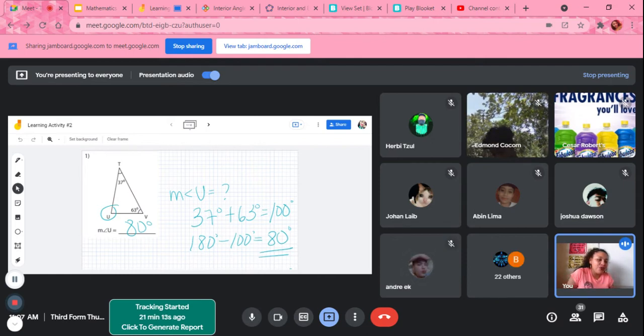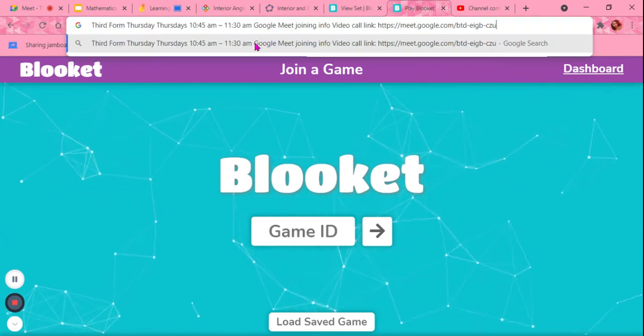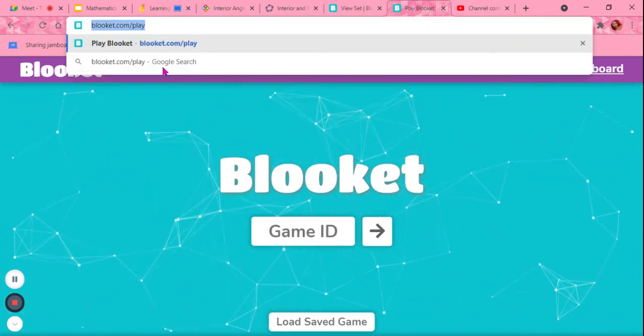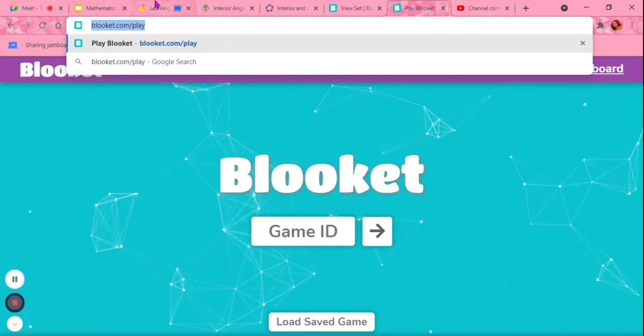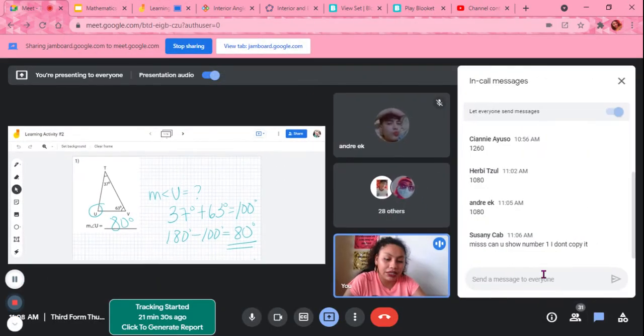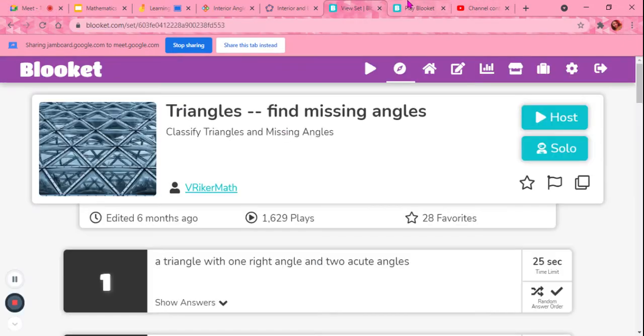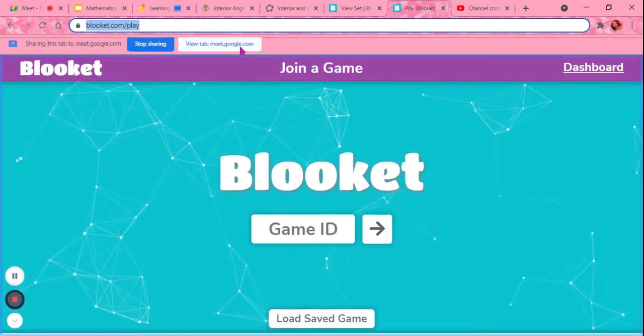Okay, so with the rest of the time, we have about 20 minutes. I have an activity for you guys. I'm going to put the link in the chat. You can click on the link, and I will give you the ID code right now. It should take you to a page that looks like this.